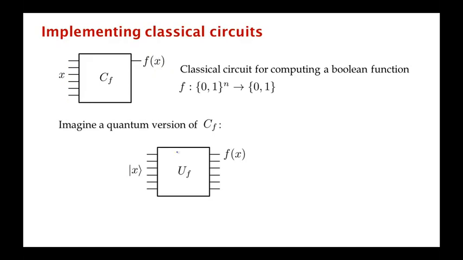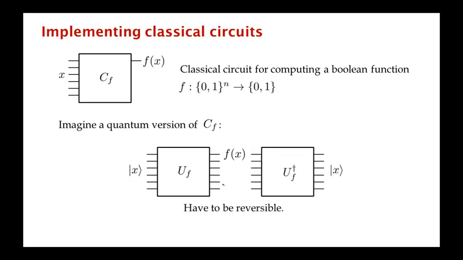Well, we'd have some quantum circuit for computing f, which on input x, so there are n wires coming in, and we want one of the wires on the output to contain f of x. And of course, you remember in a quantum circuit, if there are n inputs, there are always n outputs. And so from the reversibility property, we should be able to uncompute this function and recover x from this output.